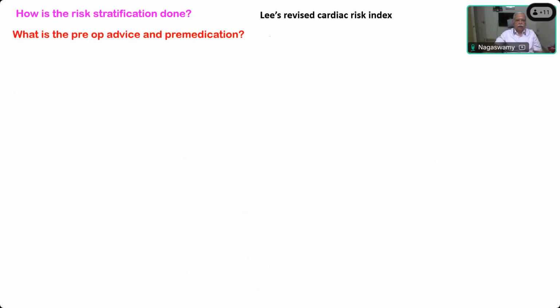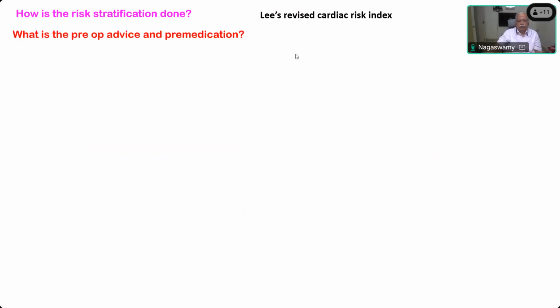What is the pre-op advice and pre-medication? Informed high risk consent. Okay. Supposing Lee's revised cardiac risk index is only 1, still, do you have to get a high risk consent?